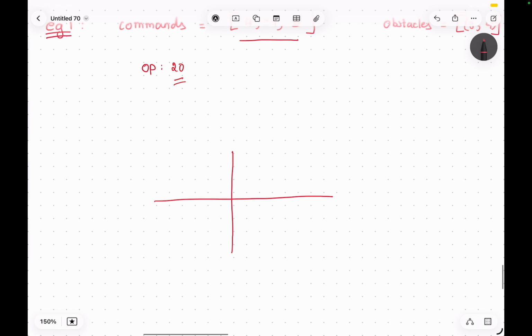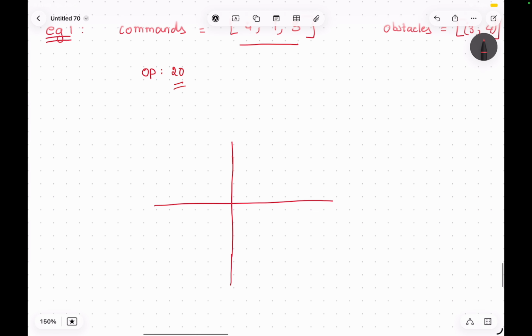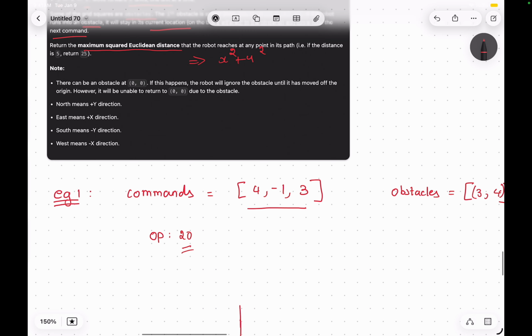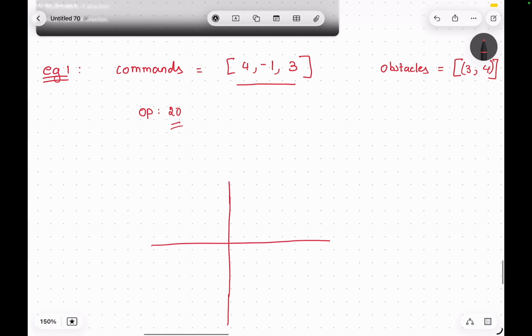Also we have to note that we have to return the maximum Euclidean distance, not the last Euclidean distance. So if we are performing one action at a time, we calculate the Euclidean distance, and if it is a maximum we track it down and then return it.